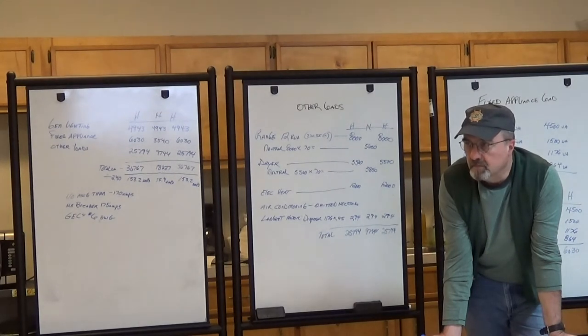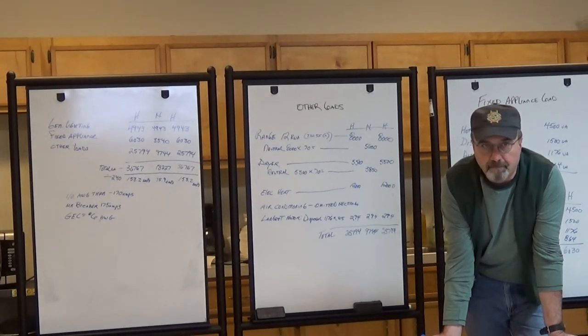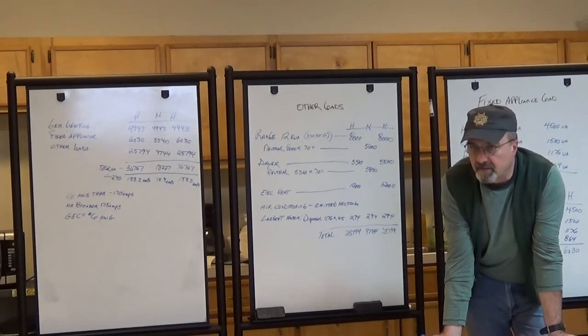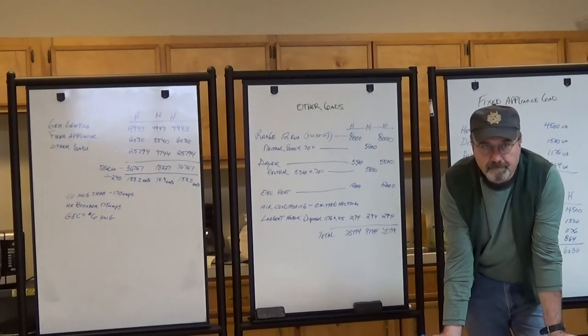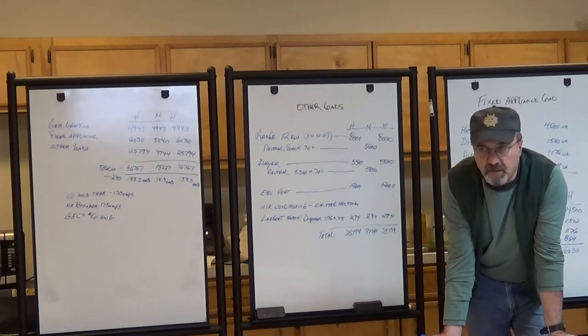We need to know how many amps that is for general lighting, so we divide that by 120, that's correct. How many amps is that? 33.75.